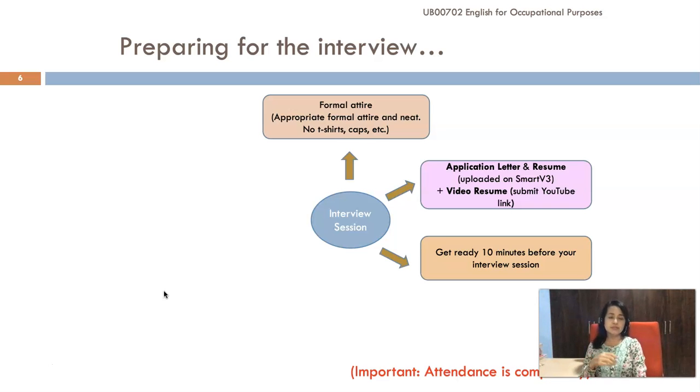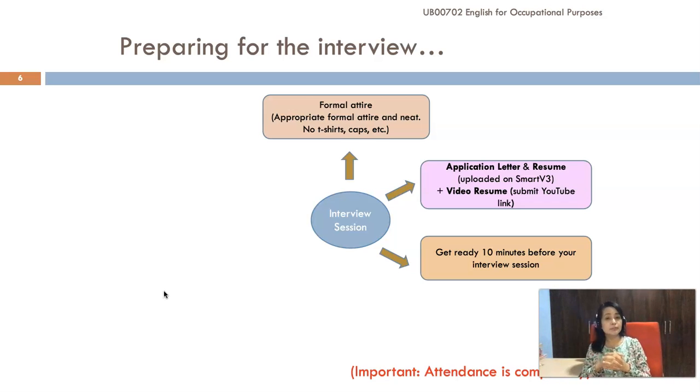And then for the interview session, a week ahead of your interview, I will be sending out, not really emailing, I would say WhatsApping you, the schedule of the interview session. Usually for the interview, you will go to the interview session based on your group.